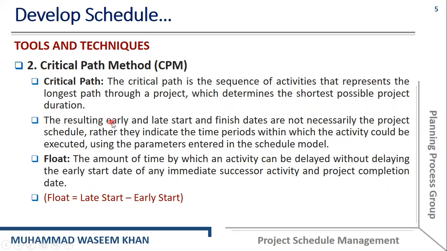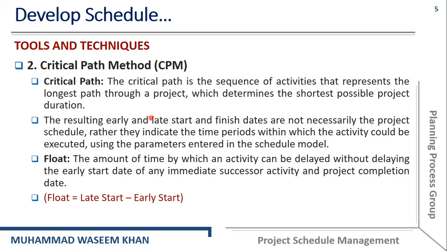So the critical path is the sequence of different activities that identifies the path that is the longest path in a project and determines the shortest possible time of a project. We will discuss the critical path in the coming slides in different examples, and I hope you will understand it more easily.